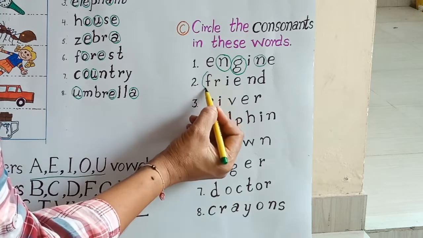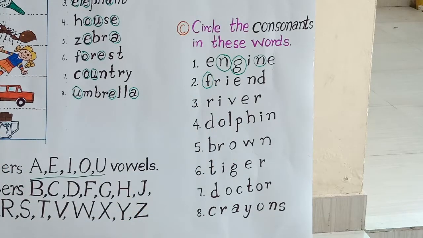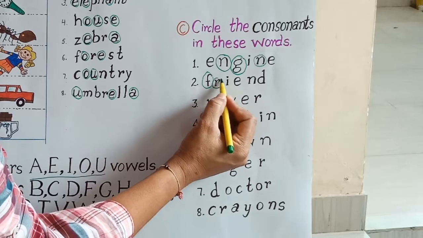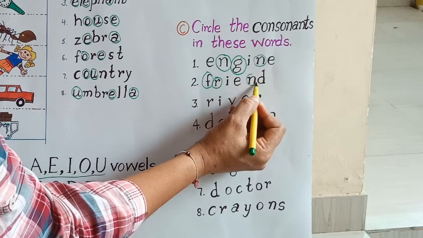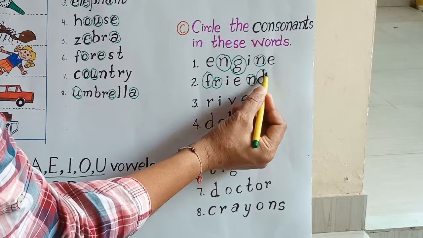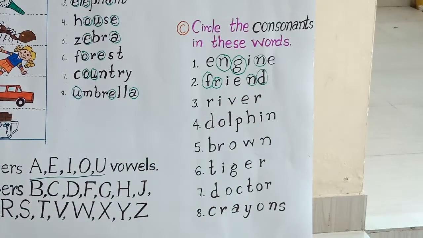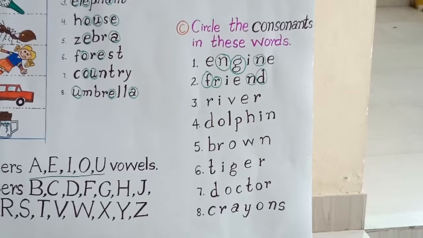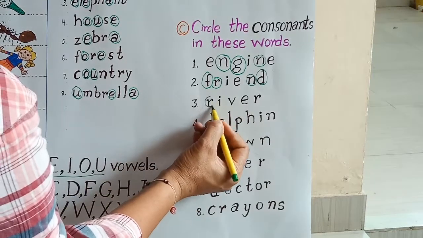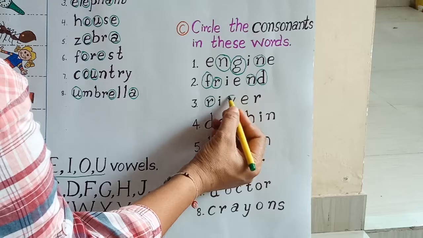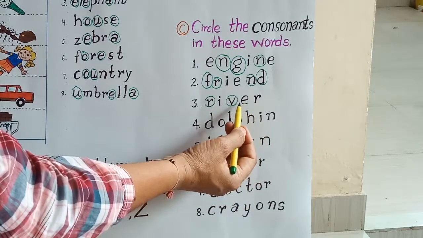Number 2. Here F is consonant. R is consonant. I is vowel. E is vowel. N and D both are consonants. Now number 3. R is consonant. I is vowel. V is consonant. E is vowel.